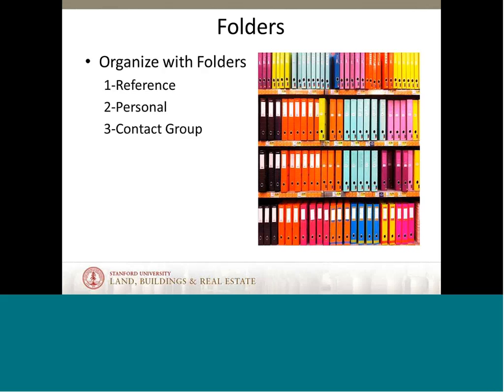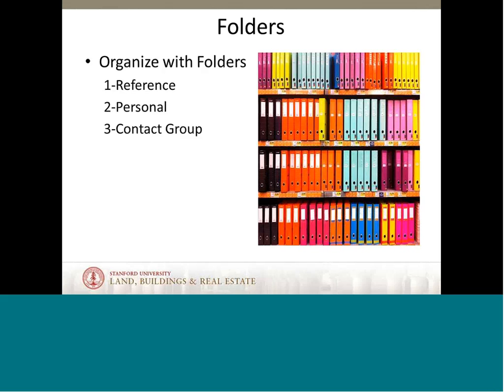In the reference folder, you put emails that you are going to refer to later. You just dump them from your inbox into the reference folder. Then a personal folder: you might use your Stanford email as your personal email also. You want to separate your business emails from your personal, so take all your personal emails from the inbox and put them in Personal.